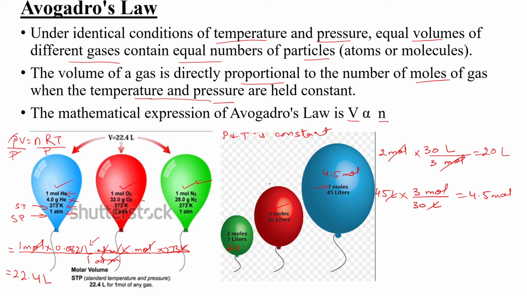Okay, so with the help of Avogadro's law information that the volume of a gas is directly proportional to the number of moles. If the volume is increasing, the number of moles will increase. If the volume is decreasing, the number of moles will decrease. We can find the moles of a gas where the volume is given, or we can find the volume of a gas where the moles are given.